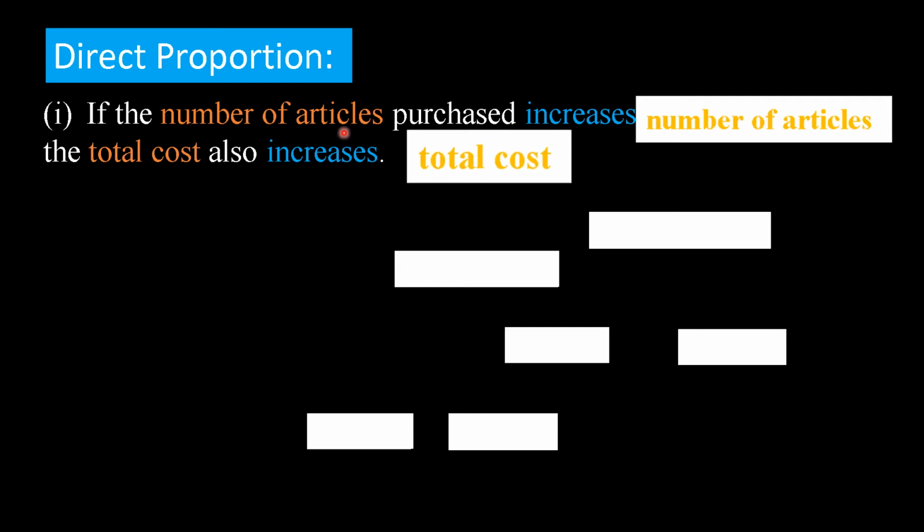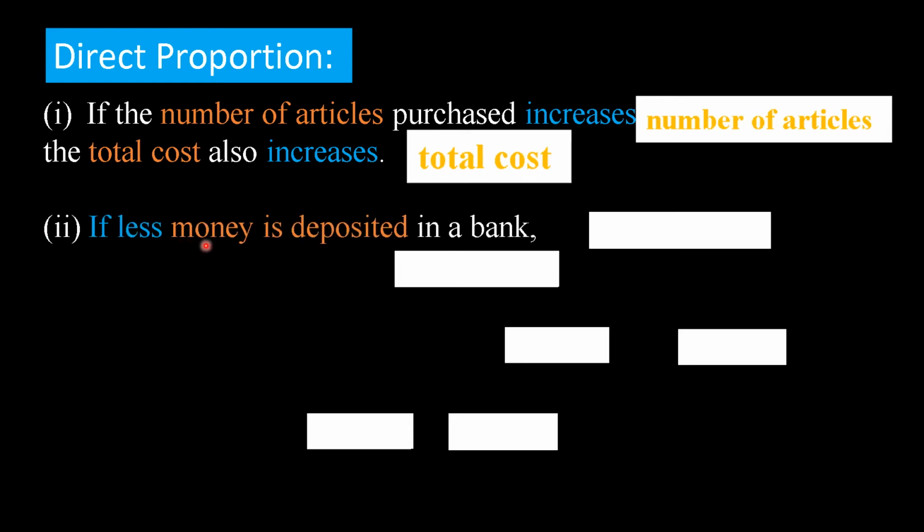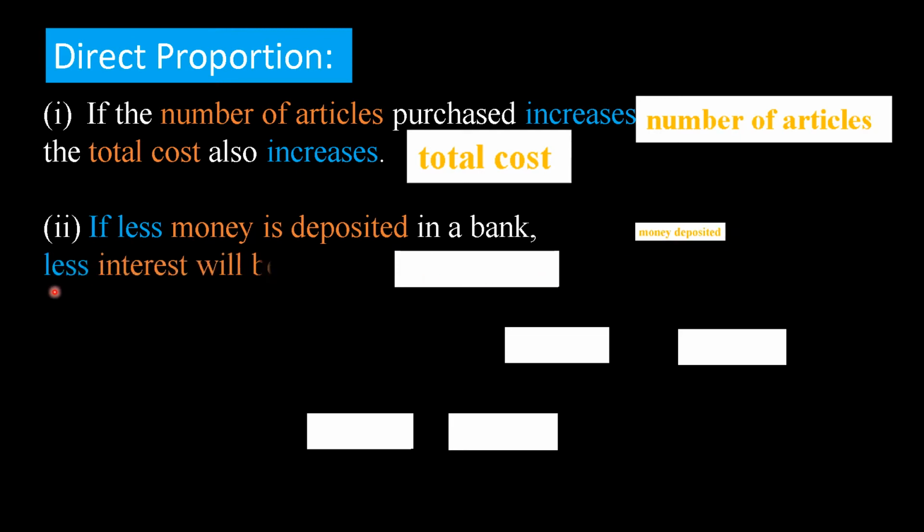Here, number of articles is one quantity and total cost is another quantity. Number 2, if less money is deposited in a bank, less interest will be earned. Here, money deposited is one quantity and interest earned on that money is another quantity.